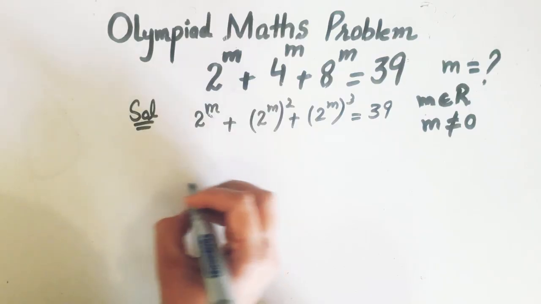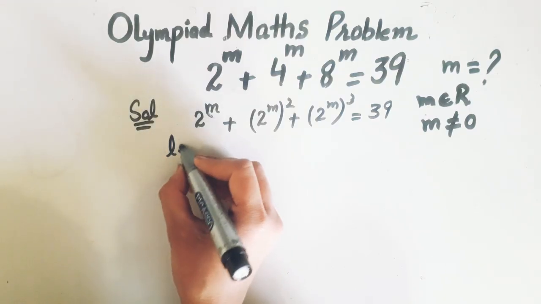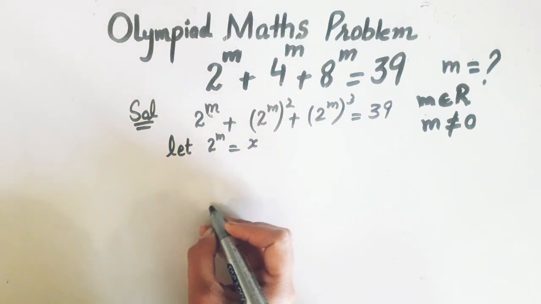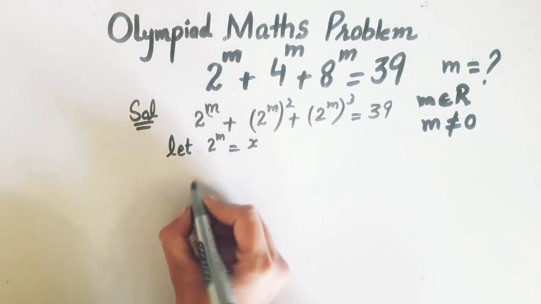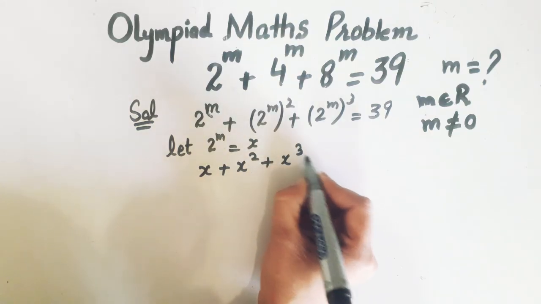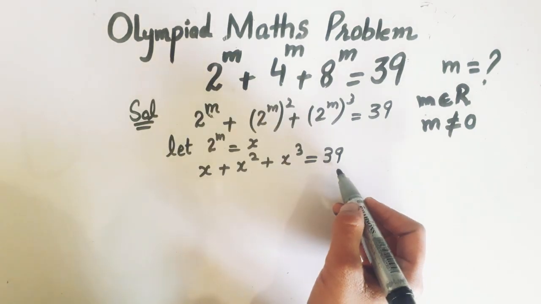Now consider a supposition here. Let's suppose 2 raised to power m equals x. So what will happen? We get x plus x squared plus x cubed equals 39. Now we will write 39 in the form of some number, its square and then its cube.